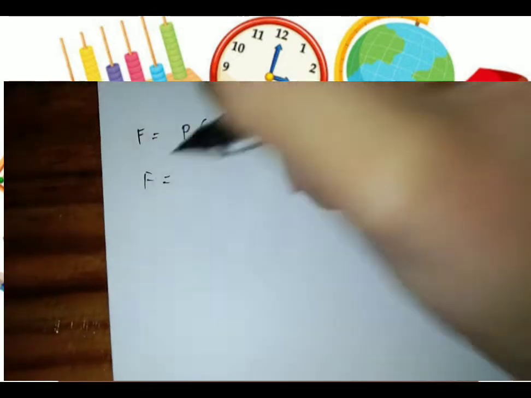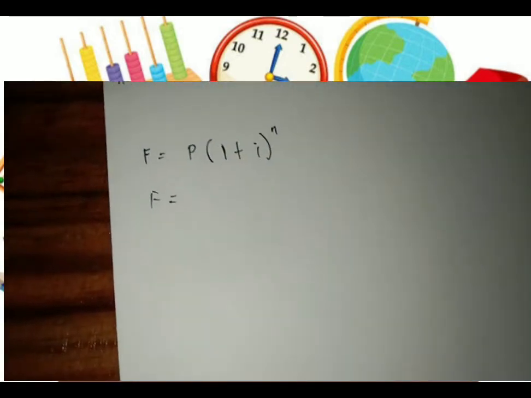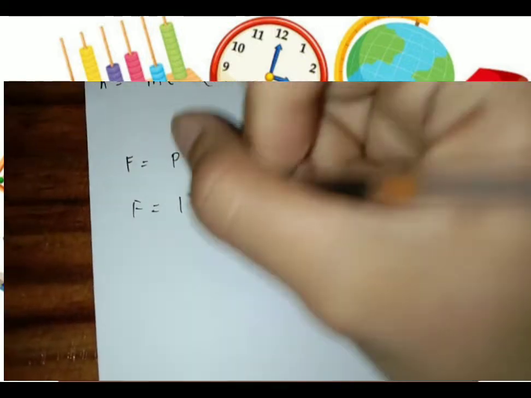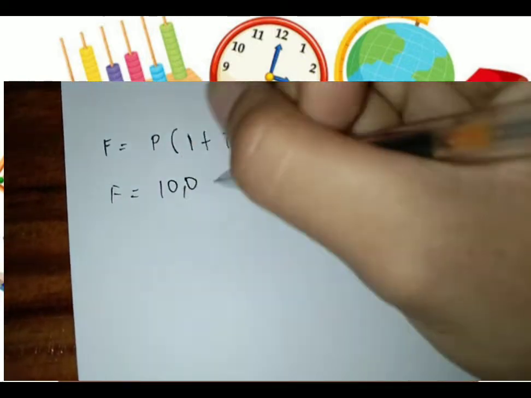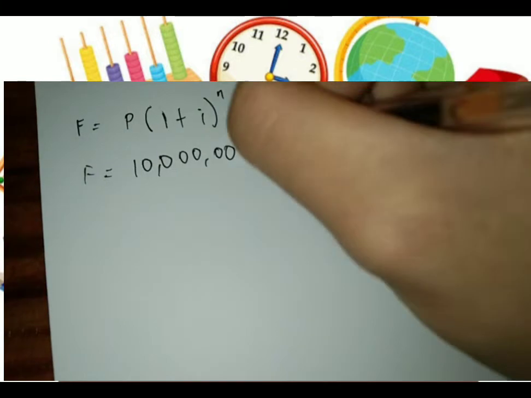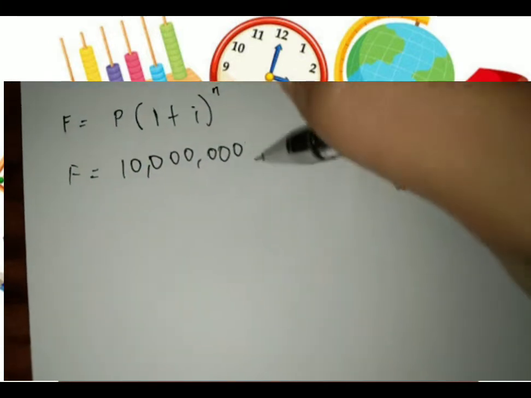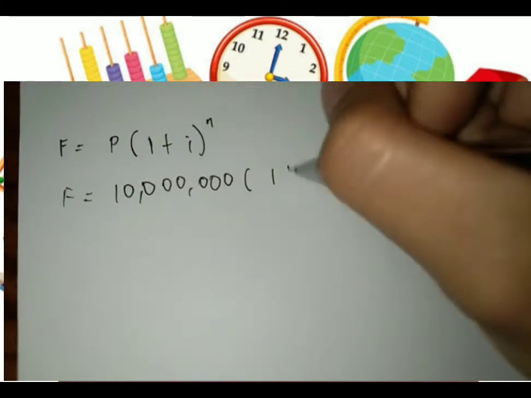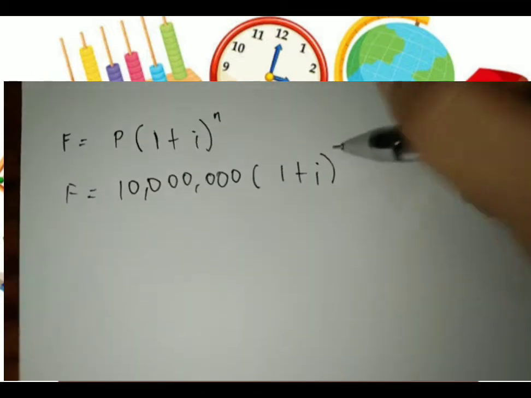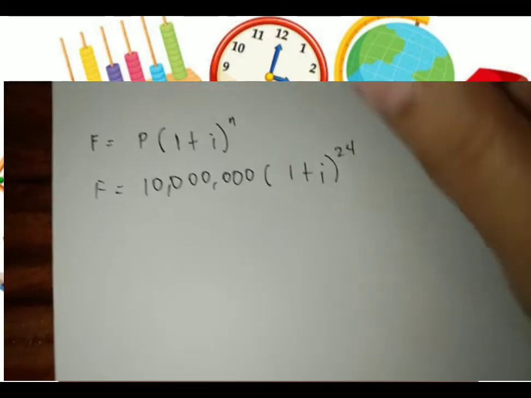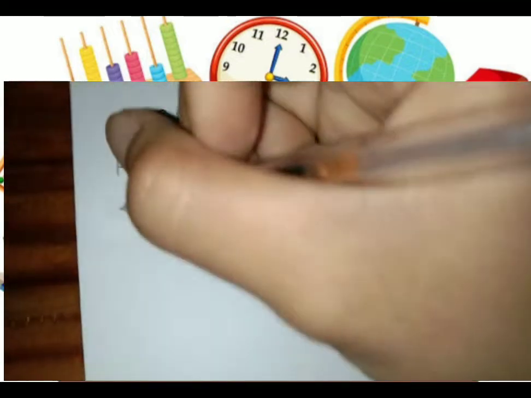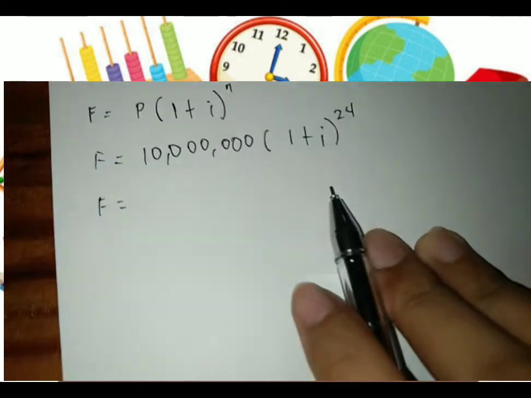F is equal to P, which is 10 million, quantity 1 plus i raised to 24. i is not given yet, so we are going to solve for that.